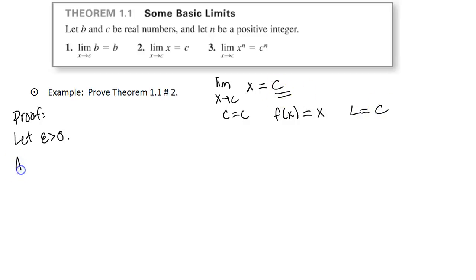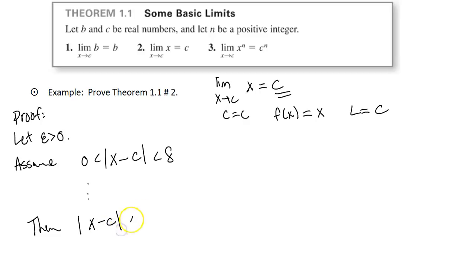So we're going to assume that the absolute value of x minus c is between 0 and delta, and we want to get down to the fact that the absolute value of f of x minus L, which also happens to be x minus c, is less than epsilon. So then therefore, by the definition, the limit as x approaches c of x is equal to c.